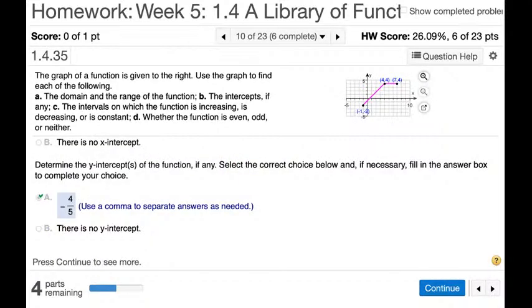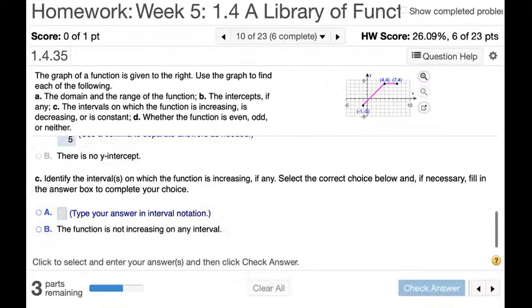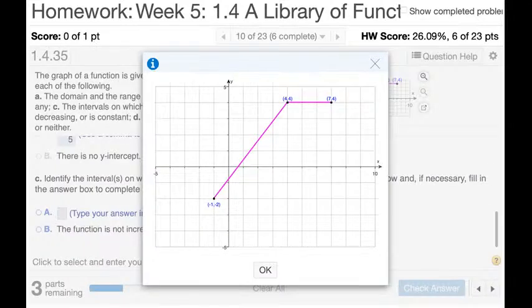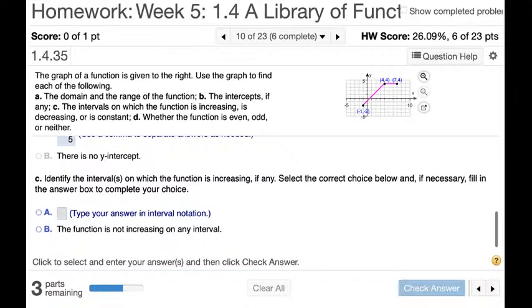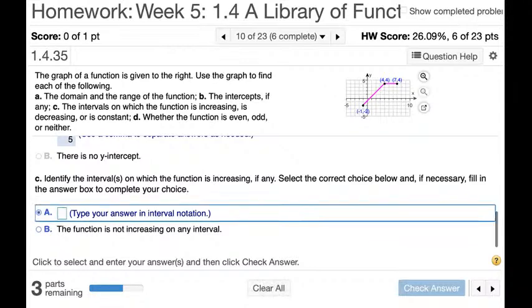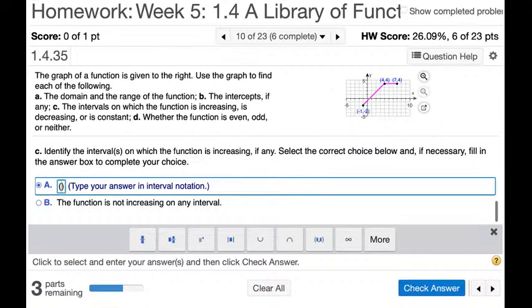Oh, wait. Is there more? Continue. Intervals over which the function is increasing. As we trace it left to right, initially it is increasing. As x goes from -1 to 4, it's increasing. We typically use parentheses when we're doing increasing, decreasing, and constant. So as x goes from -1 to 4, the function is increasing.